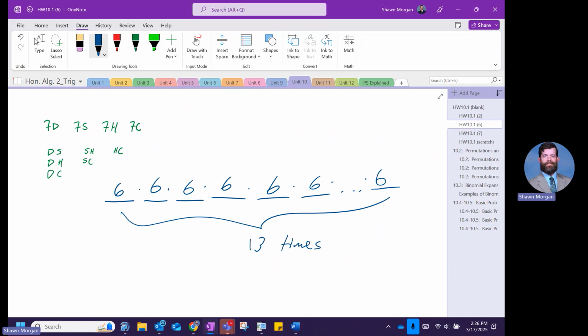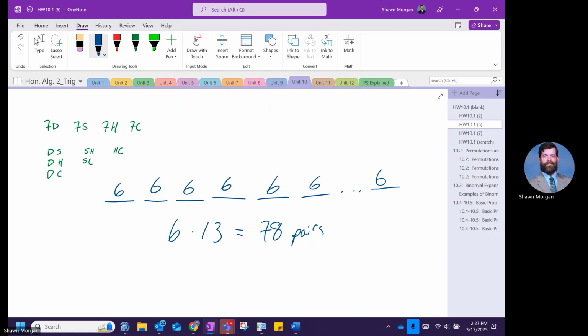Actually, no, we'd probably be adding in that case. When did I start multiplying? How many pairs is there? 6 times 13 then? Yeah, there's my multiplication. So there's 6 times 13. What is 6 times 13? 78 pairs.